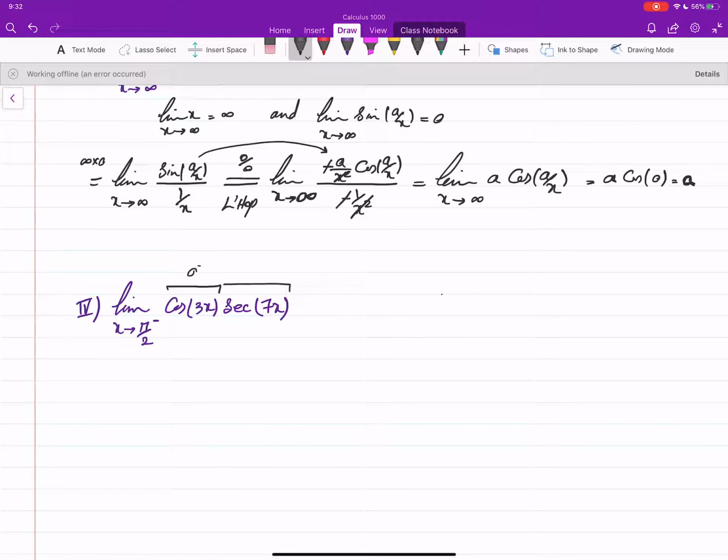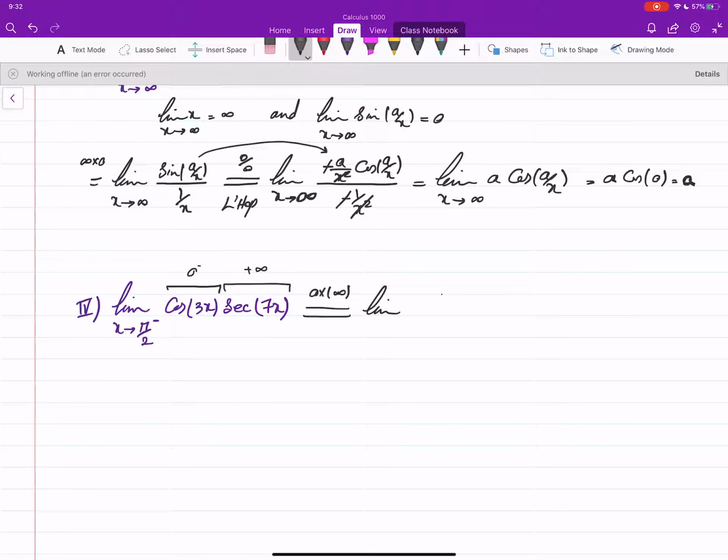And for this guy, it will be positive infinity. Secant is 1 over cosine, yes? So again, we have 0 times infinity indeterminate form, and we have to turn it to either 0 over 0 or infinity over infinity.